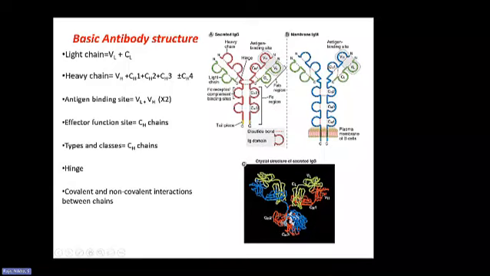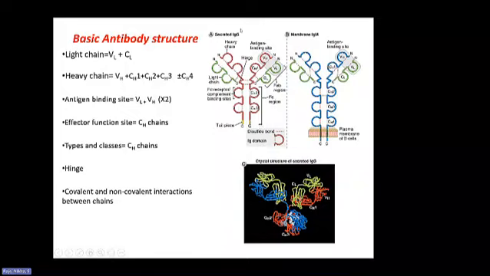The variable regions of the light and heavy chains, the CH1 region of the heavy chain, and the constant region of the light chain, which is just 1, right? All of that together forms the antigen binding fragment, called the FAB region. And then the rest of the constant regions form the FC region of the antibody structure.